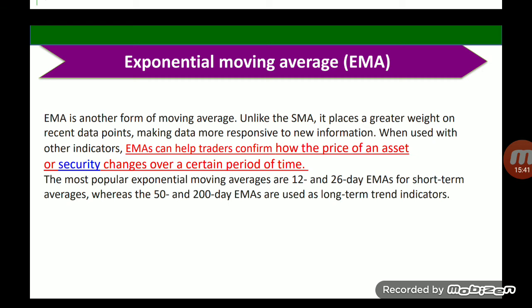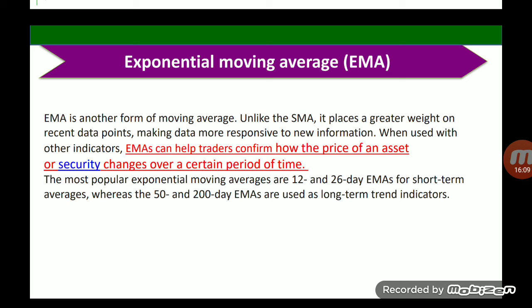It helps traders confirm how the price of an asset or security changes over a certain period of time. Means it takes into account the past trends of price fluctuations and gives more weight to the recent data points, in contrast to simple moving averages.